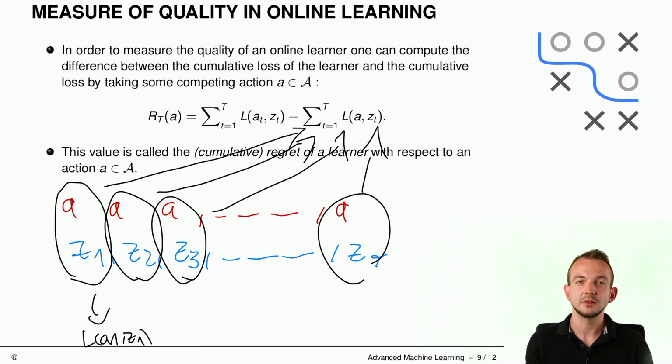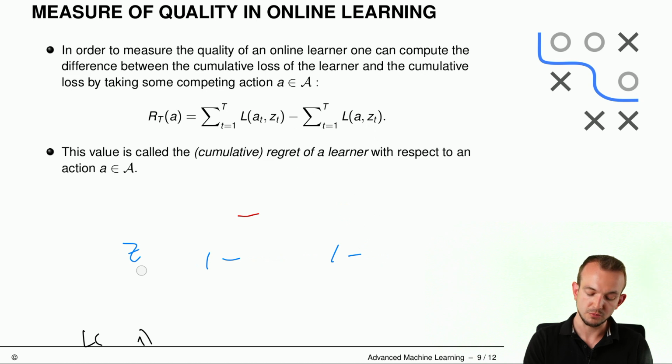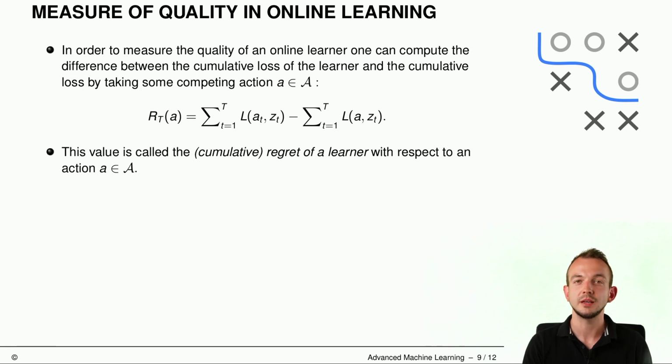And we can compare the difference between these two things. This is the idea behind the regret we see here, which we measure with respect to some competing action A, where we think perhaps the A would have been a good action, so let's see whether this is indeed the case and compute the cumulative loss in hindsight for choosing this action throughout the time.